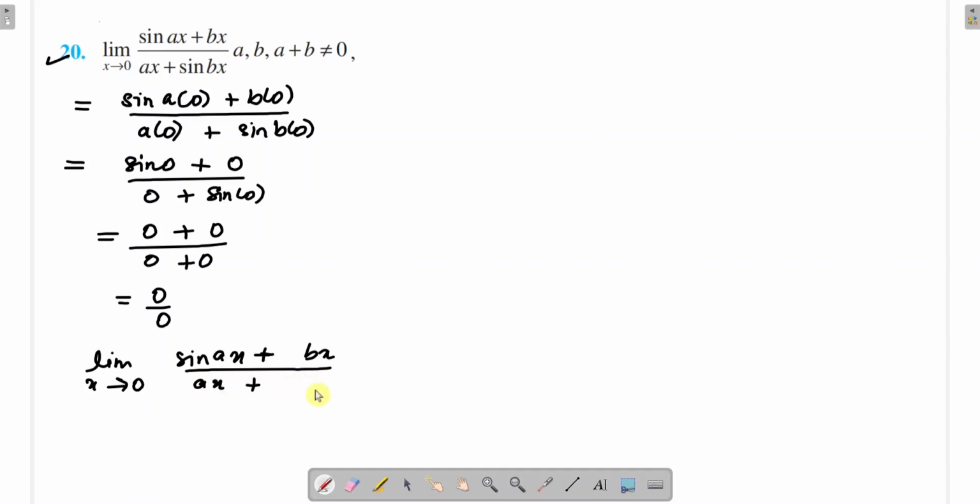Limit x tends to 0 sin ax plus bx divided by ax plus sin bx. This will be equal to, how to do this, how to simplify. So what you can do here is multiply and divide by x. Okay, multiply and divide by x.